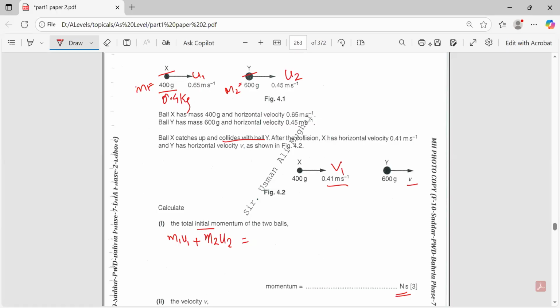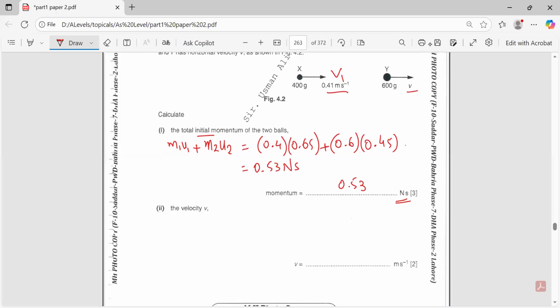How to convert into kg? Divide by 1000. So the first mass will be considered as 0.4 and its velocity U1 is 0.65, plus the mass of 2, which is 0.6 kg, into its initial velocity 0.45. When all this is multiplied, we end up with an answer of 0.53 Newton second. So our total momentum will be 0.53 Newton second.